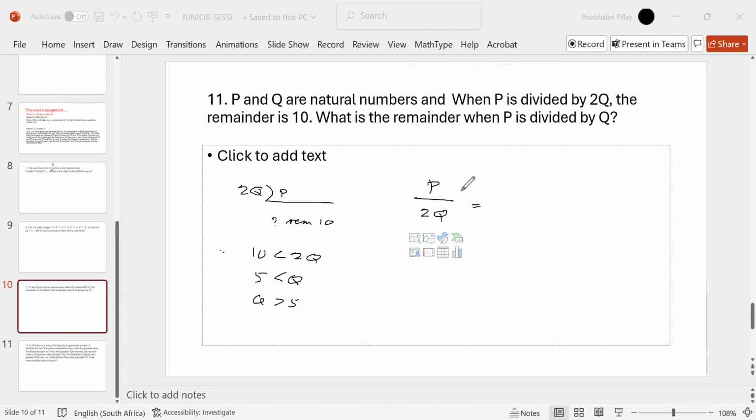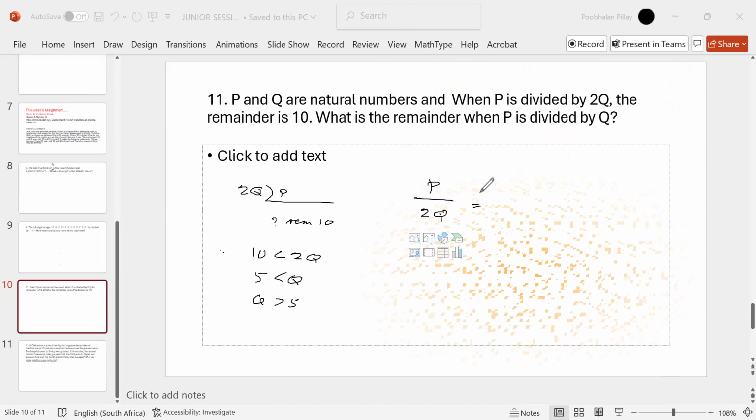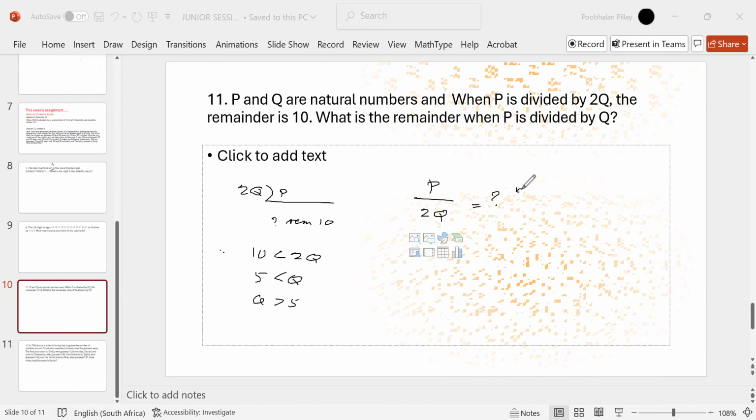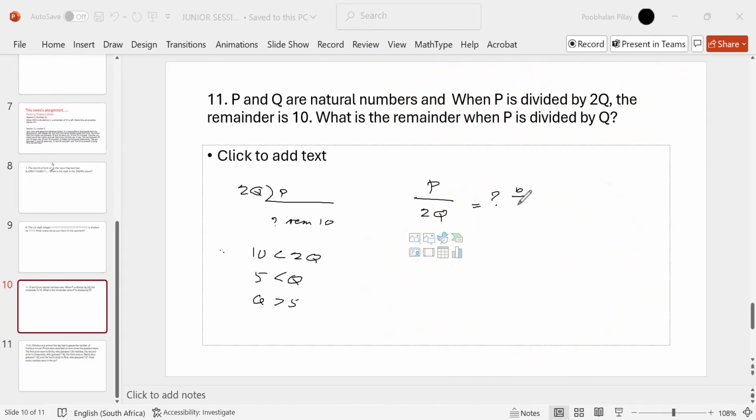So in other words, you got a whole number, and you'll have a mixed fraction, and the remainder will go on the top of that.